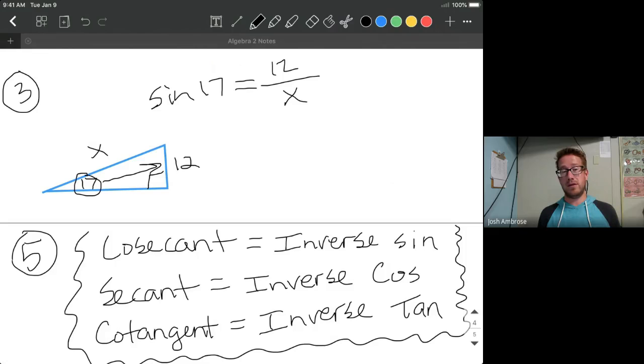because they acknowledge that you're going to actually have to plug into your calculator sine of 17. Okay, so now where are all of these like sine and cosine and tangent type things?